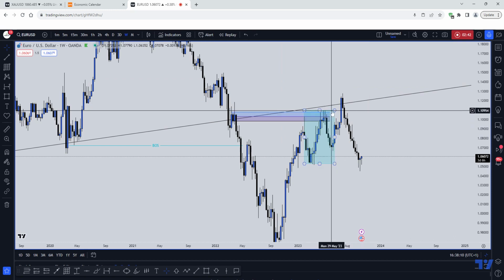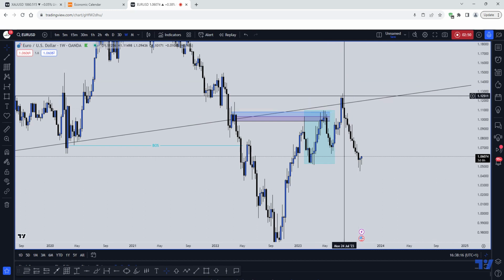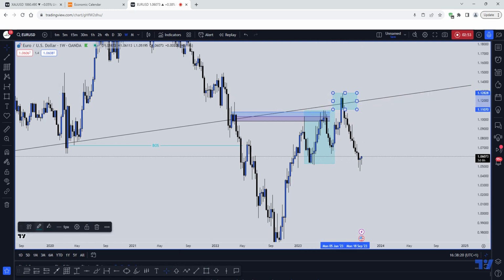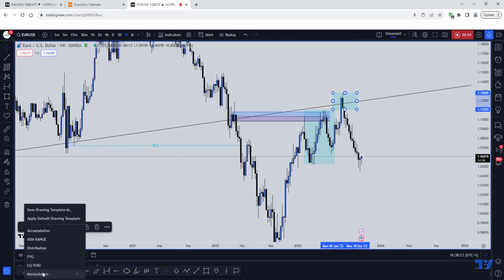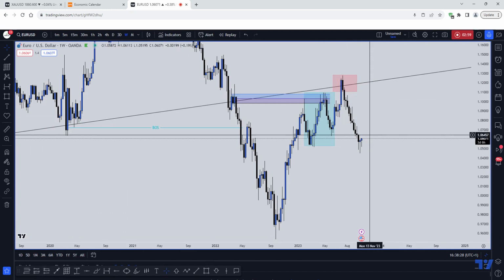So we got a sweep of the highs and an inducement against the overall anticipated direction of the market. Since sweeping the highs and making this manipulation to the upside, price has since broken to the downside. Okay, so from a weekly perspective, we have an accumulation, manipulation, distribution formation.